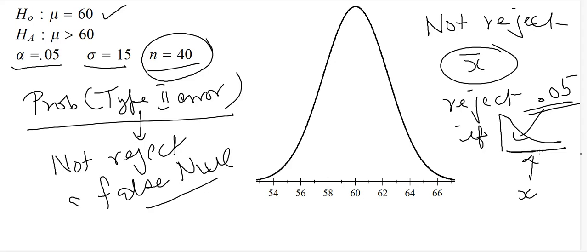That is, if the sample mean goes to the right of this cutoff value, we reject the null, and if it goes to the left of this cutoff value, then we do not reject it.